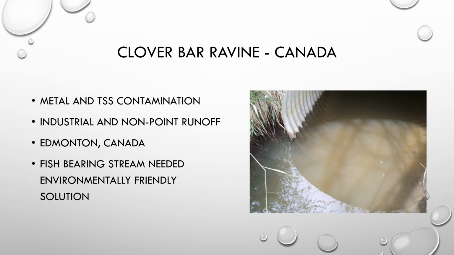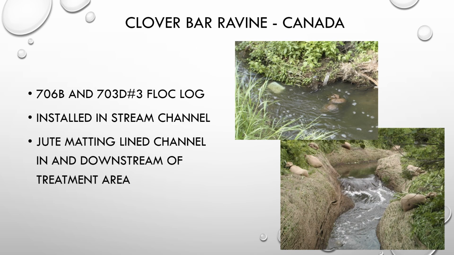It was in Edmonton, Canada, and this contamination was entering a fish-bearing stream, so they needed a very environmentally friendly solution. Again, that's one of the key benefits of using anionic PAM: it is very safe for sensitive aquatic organisms. In many areas, we are not allowed to use PAM specifically in natural water bodies. Some places we are.